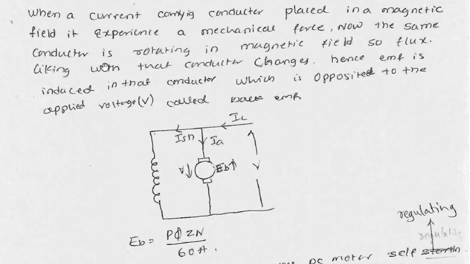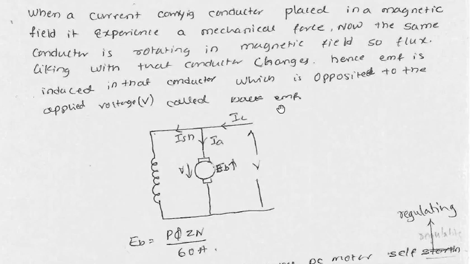First, back EMF: when a current carrying conductor is placed in a magnetic field, it experiences a mechanical force. Now the same conductor is rotating in a magnetic field, so the flux linking with that conductor changes, hence an EMF is induced in that conductor, which is opposite to the applied voltage, called the back EMF.